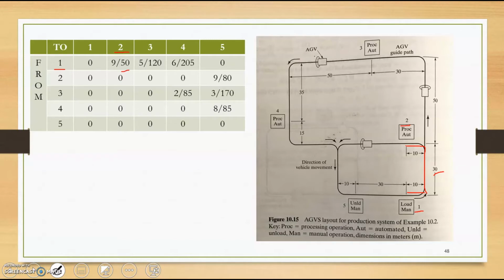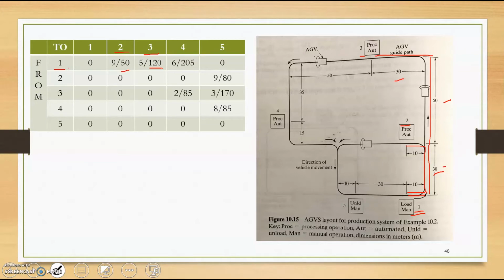Another example is from station 1 to station 3. It travels 10 meters plus 30 meters plus 50 meters plus 30 meters. So from here 10, 40, 90, 120. So this is 120 meters, and the delivery is 5 loads per hour.